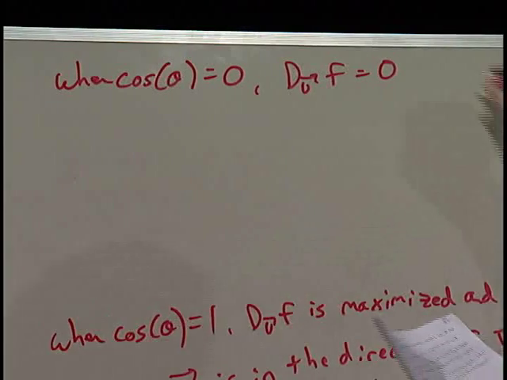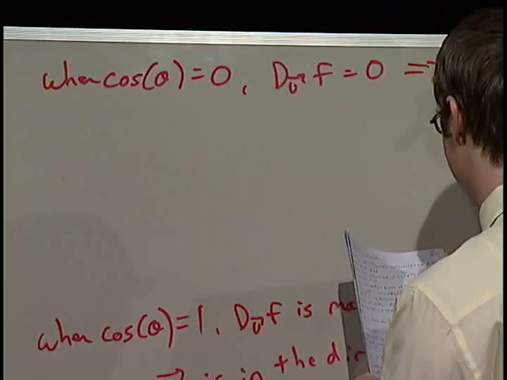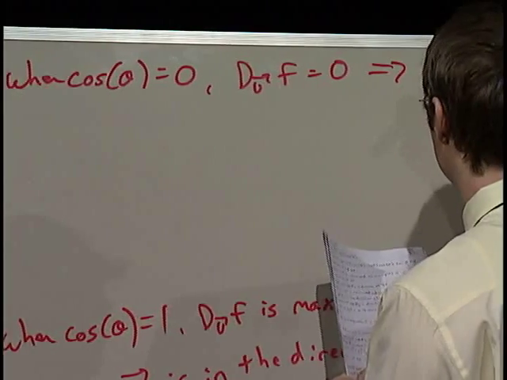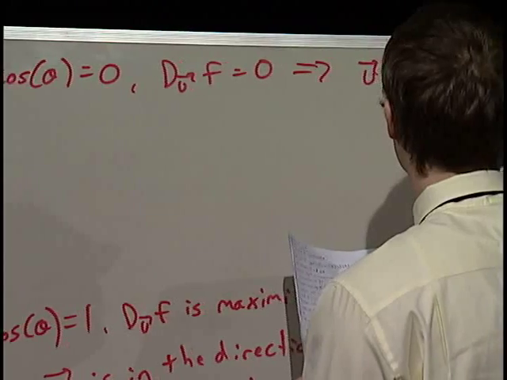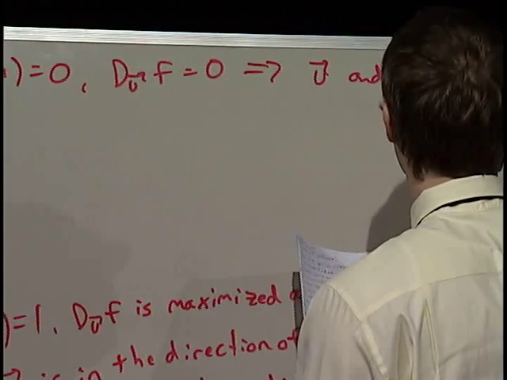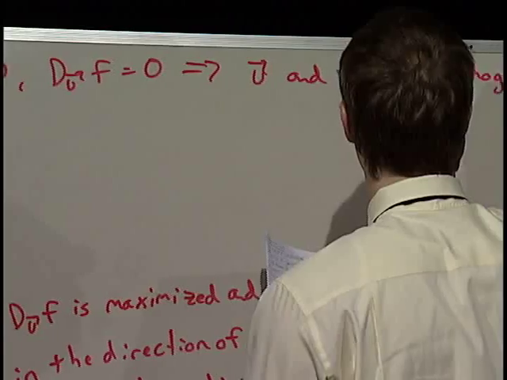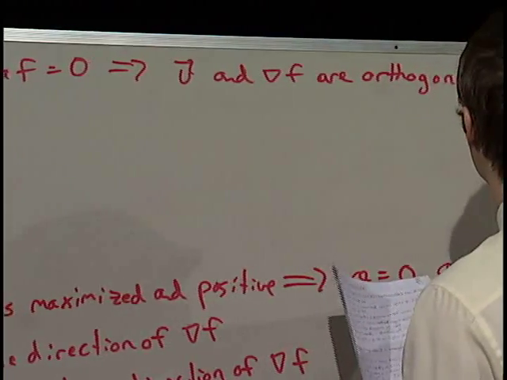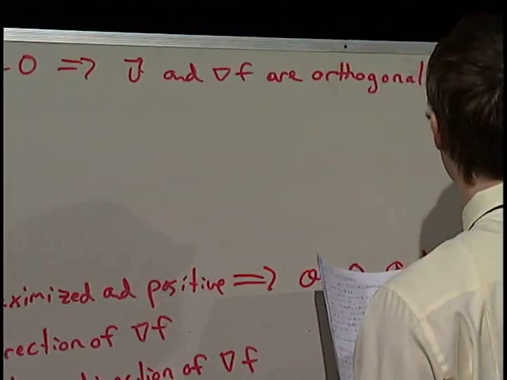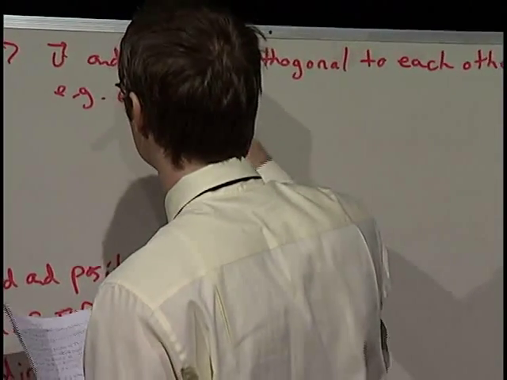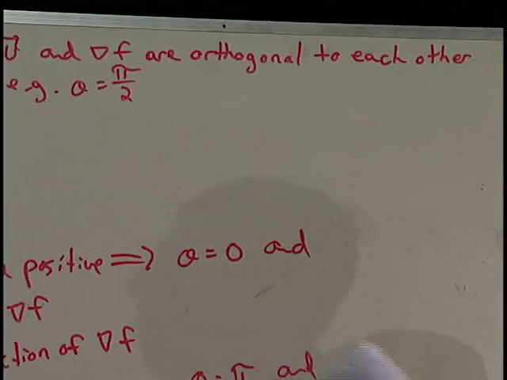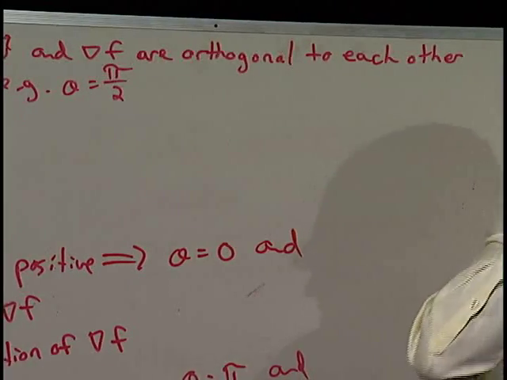And the implication here is that u and grad f are orthogonal to each other, e.g., theta is pi over 2, because cosine is 0 at pi over 2, at 3 pi over 2, things like that.